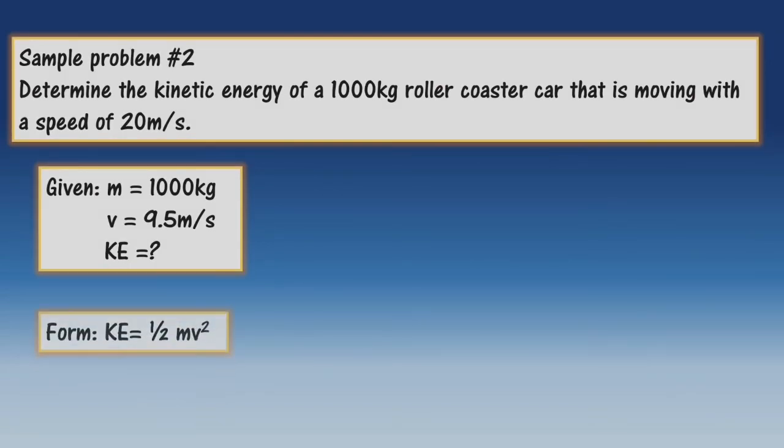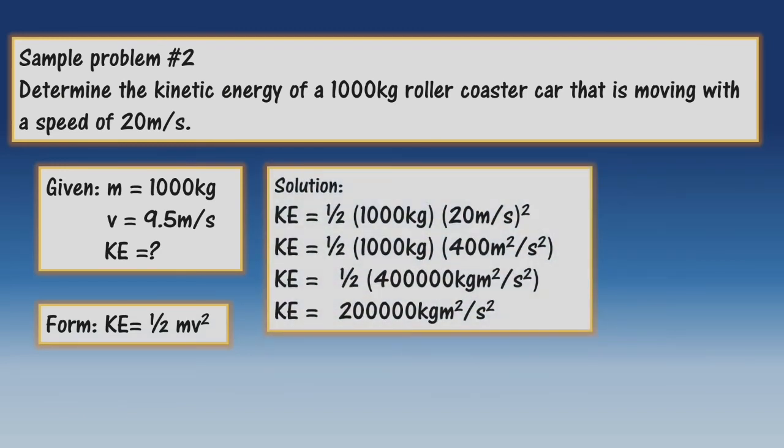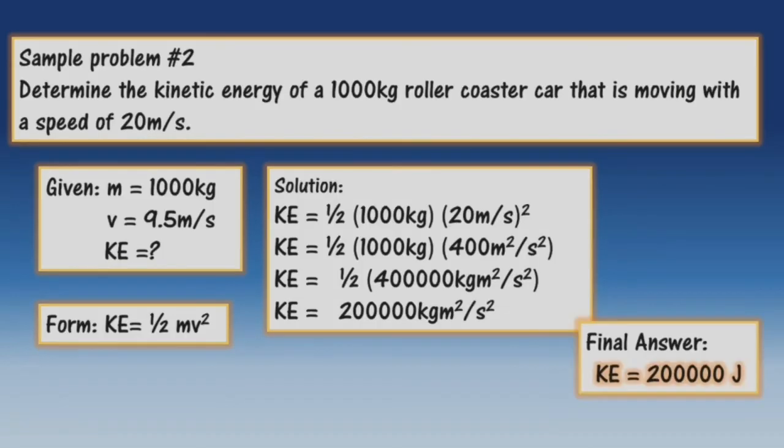The formula for kinetic energy is kinetic energy is equal to 1/2 mv squared. Solution. Kinetic energy is equal to 1/2 times 1,000 kilograms times 20 meters per second, then squared. Then 1/2 times 1,000 kilograms times the square of 20, which is 400 meters squared per second squared.